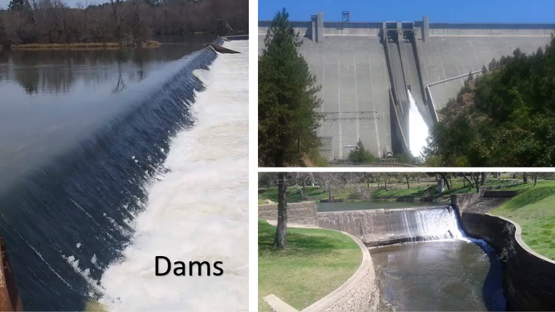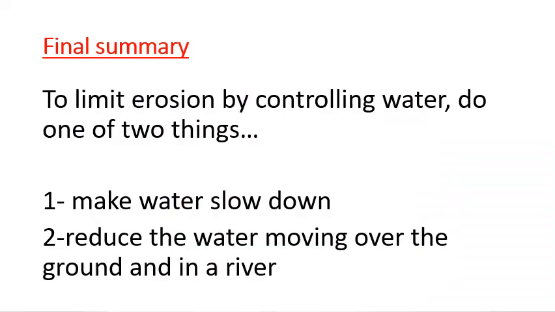Dams work not just for flood control, but also for erosion control, because they control the amount of water that goes through a river or stream. And if we can lessen the amount of water coming through a river or stream, we can lessen the amount of erosion.